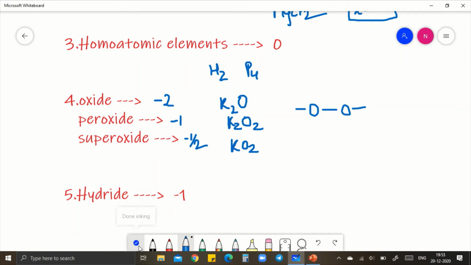Coming to hydrides, hydrogen actually has a dual nature. It behaves as a cation and an anion both. It has hydride properties, so it also exhibits -1 oxidation state. An example is hydrazine, N2H4.